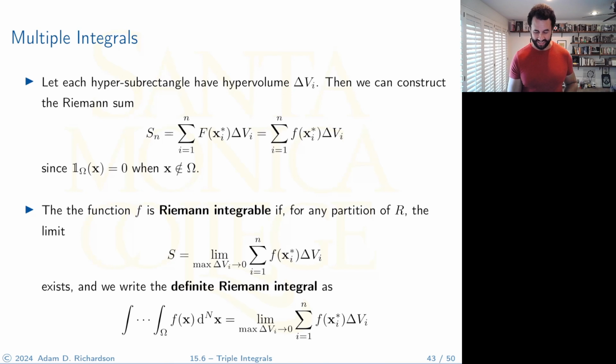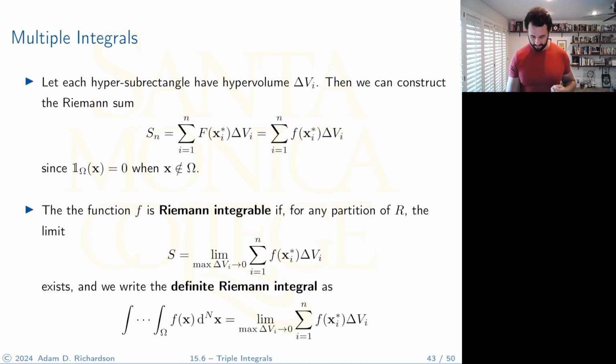We can say that each hyper subrectangle has hypervolume delta V sub i, and then we can construct our Riemann sum, just like you saw before. There it is. Evaluate the function, multiply by delta V. That's it. Because of the indicator function, this really just becomes this, right?